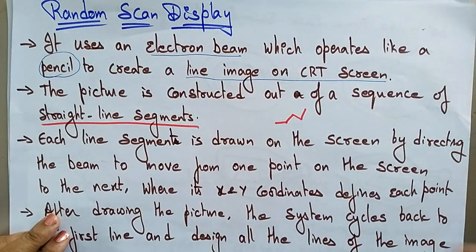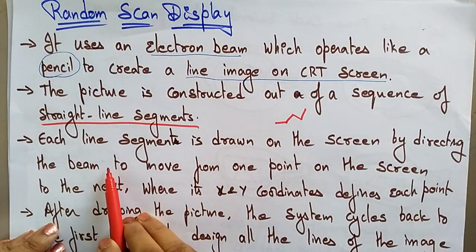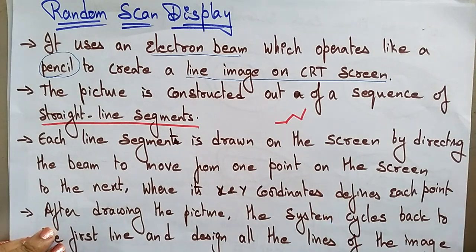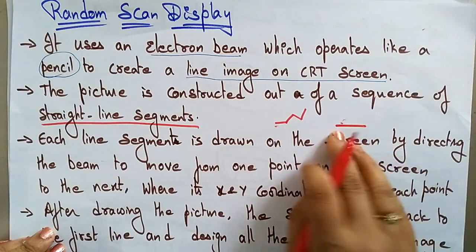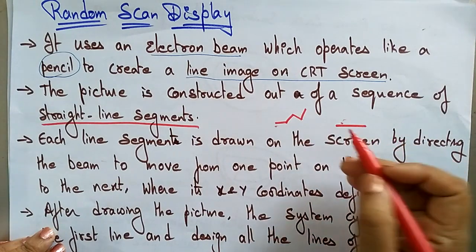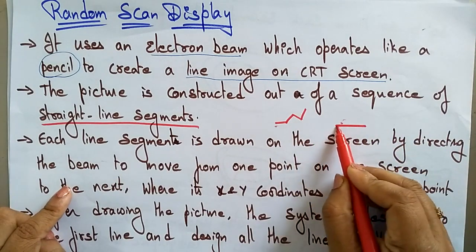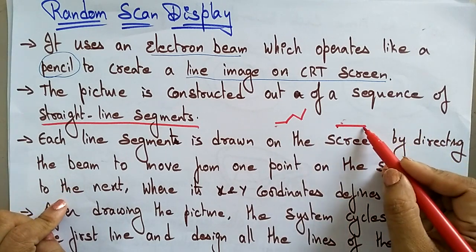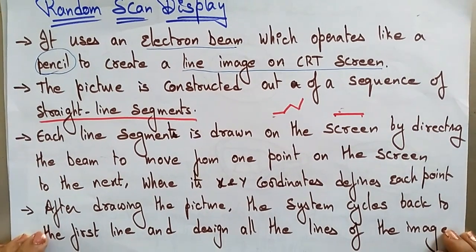Each line segment is drawn on the screen by directing the beam to move from one point on the screen to the next. Suppose this is a line segment, how will it be drawn? The beam is directed to move from one point to the next point on the screen, where its x and y coordinates define each point.